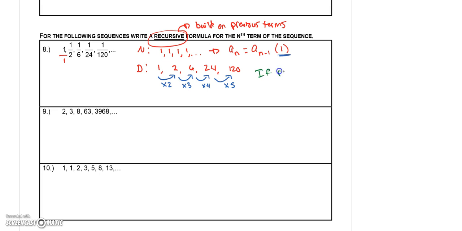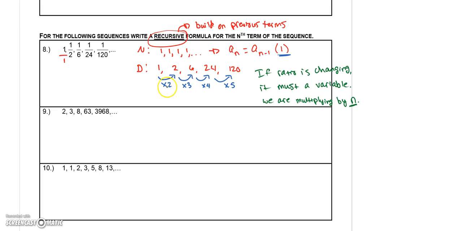So if the ratio, that's what I'm multiplying by, is changing, it must be a variable. Variables can change, right? So instead of multiplying by 2 or 10 or 8 at the same time, I'm going to multiply by a variable. Well, what's my variable? We're multiplying by n, right?